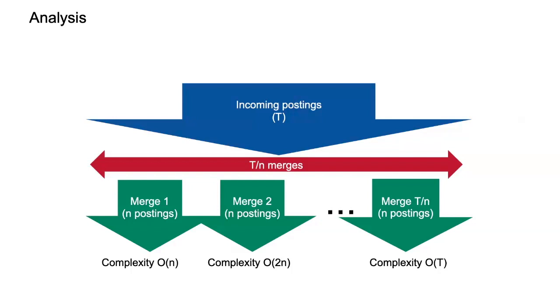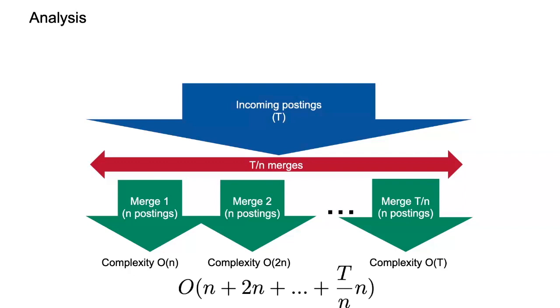So we have in total n plus 2n plus 3n all the way to T. What is the sum of the first n integers? 1 plus 2 all the way to plus n. Say it all at the same time. I heard it, n times n plus 1 over 2.